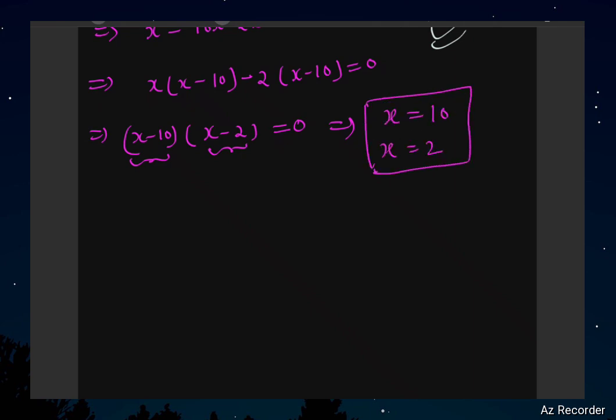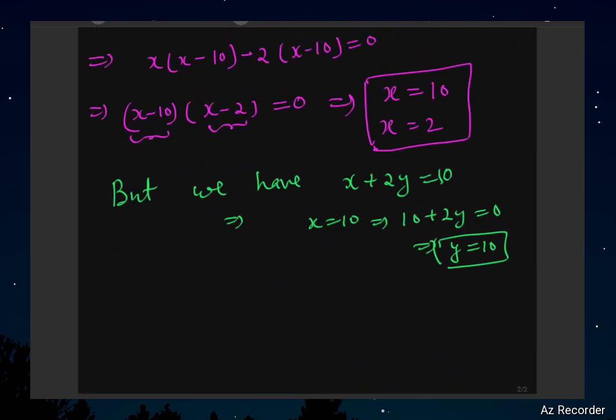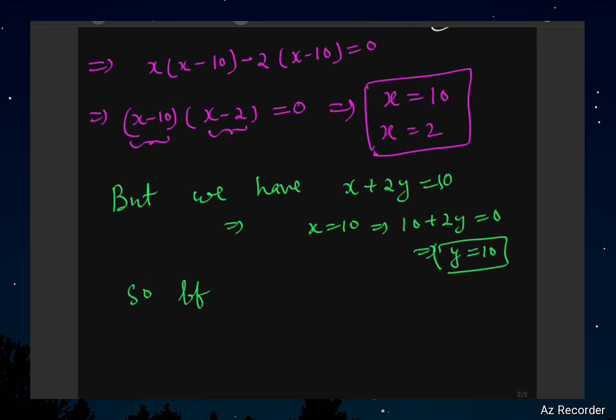These are the possible values of x, but we have x plus 2y equals 10. If we substitute x equals 10, that means 10 plus 2y equals 10, so y equals 0, and that is not possible, right? So we are left with x equals 2 only.